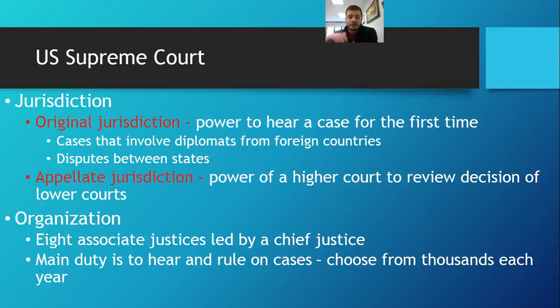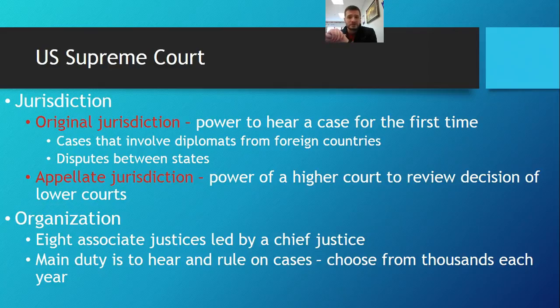As I told you in the last video, there are 8 associate justices led by a chief justice. Again, there's one missing right now because Justice Antonin Scalia passed away last February. Their main duty is to hear and rule on cases. They choose from thousands each year.